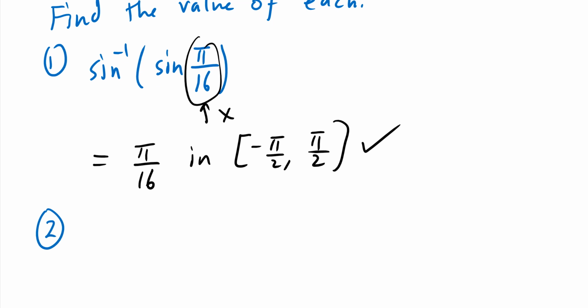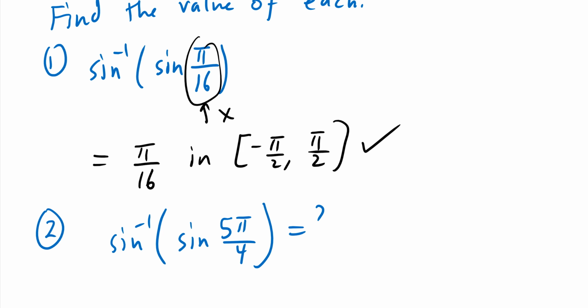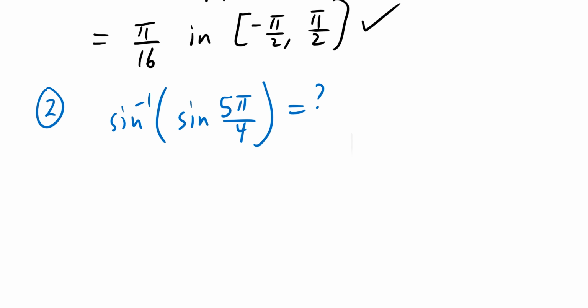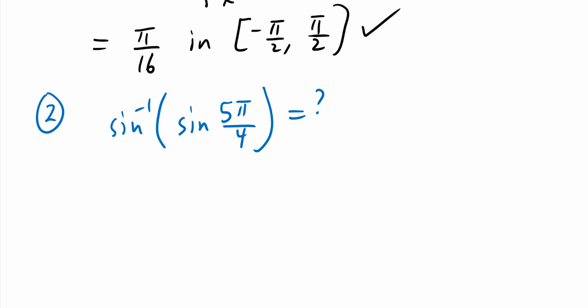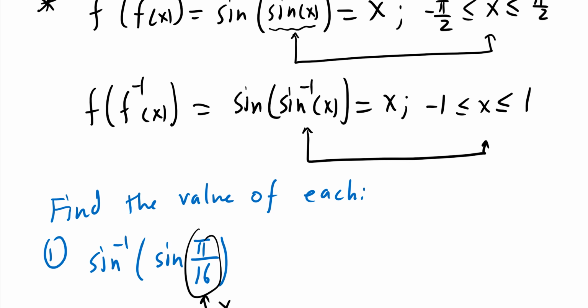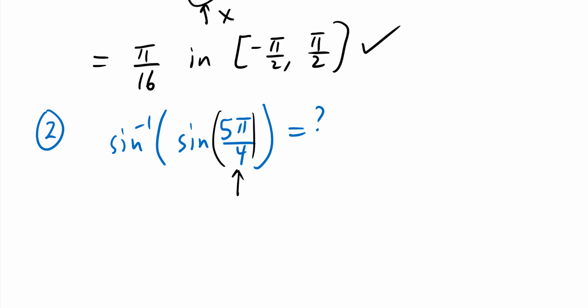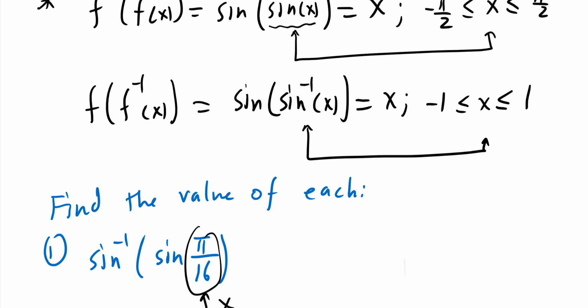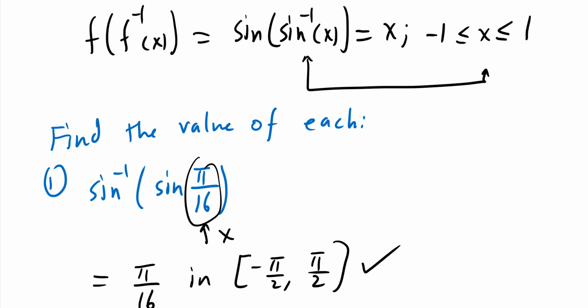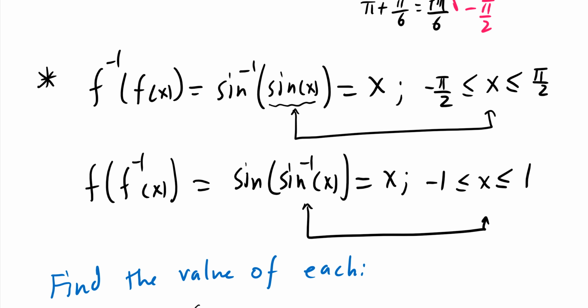What about another example? Sine inverse of sine 5 pi over 4. What does that equal? This looks like the second one. Can I say that's an x? This is the x value. Is x between -1 and 1? No. It looks like the first one.